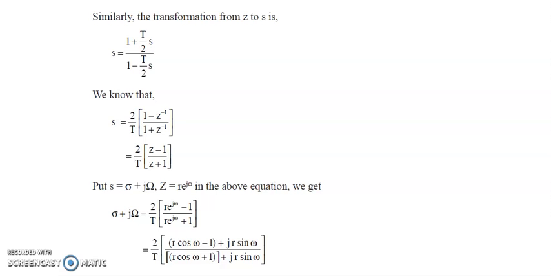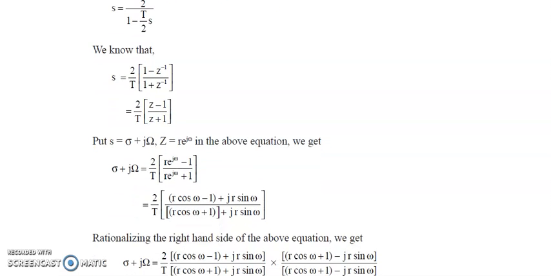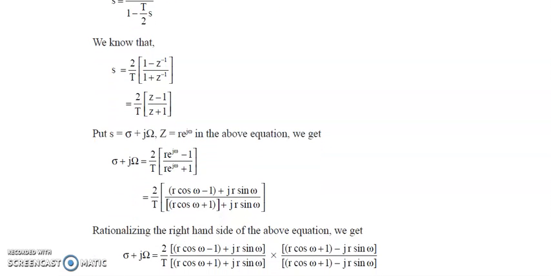Now you can write sigma plus j omega as 2 by t into r e power j omega minus 1 divided by r e power j omega plus 1. So which can be written as, if you solve, e power j omega can be written as cos omega plus j times sin omega. Okay, and r is multiplied and there is a minus 1.